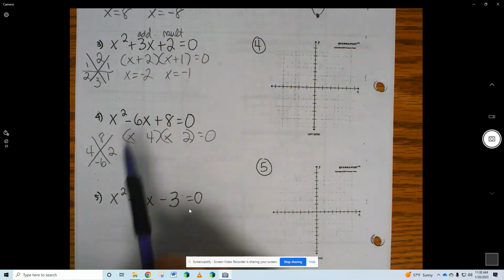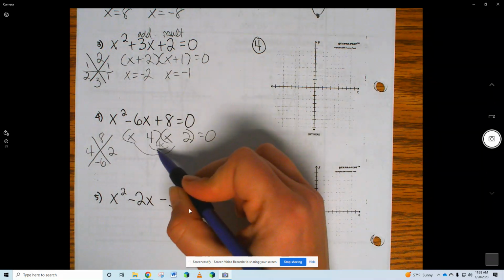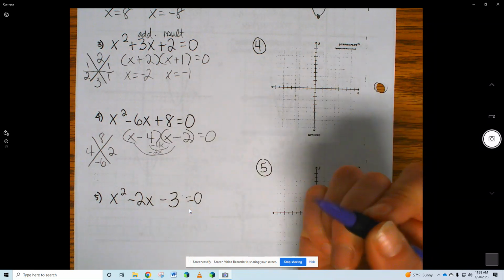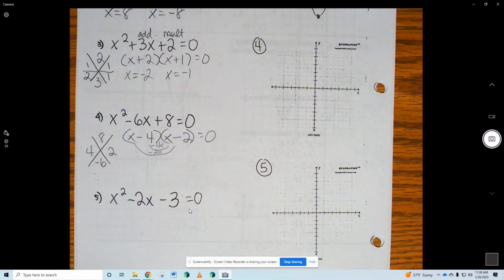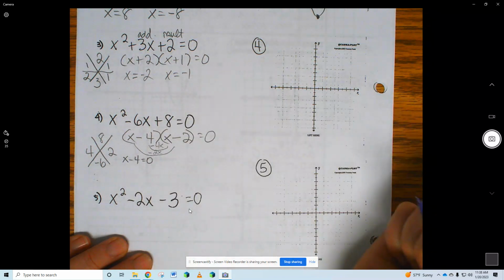No, I want them to add up to negative 6. 4x, 2x. They're both negative. So you set them both equal to 0. x minus 4. Set each parentheses equal to 0.